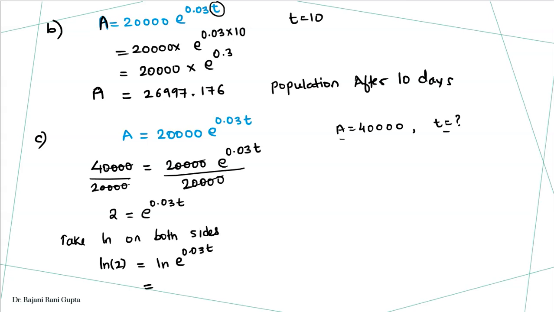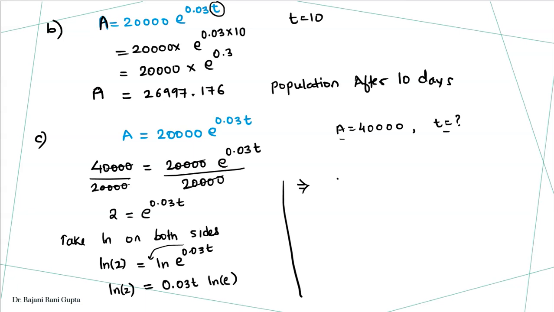Using the rule of exponents, this power comes in front. Ln of e is nothing but 1, so it will be 0.03t times ln of e, and here ln of 2. Ln of 2 you can simply calculate using a calculator.